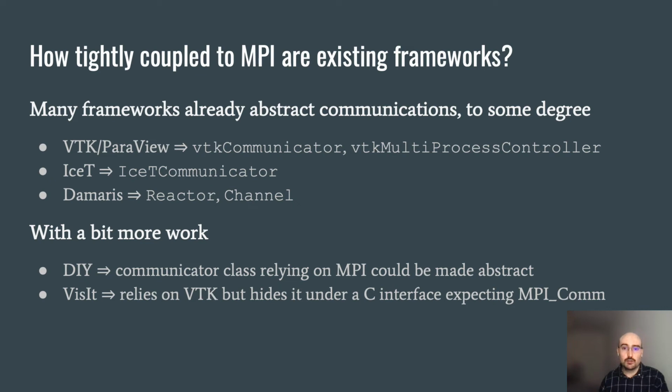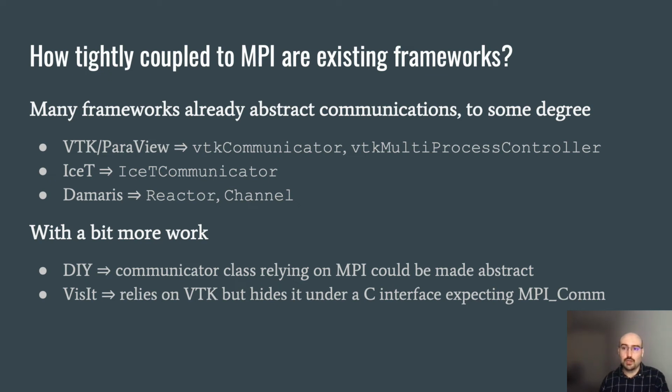If we look at how tightly coupled to MPI the existing frameworks are, we can find that some have already abstracted their communications. For instance, VTK and ParaView have the concept of vtkCommunicator and vtkMultiProcessController, which are abstract classes with concrete implementations using MPI. We find the same in IceT, the image compositing library that is used internally by VTK.